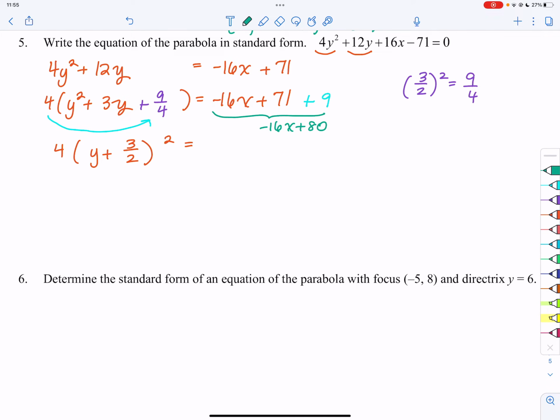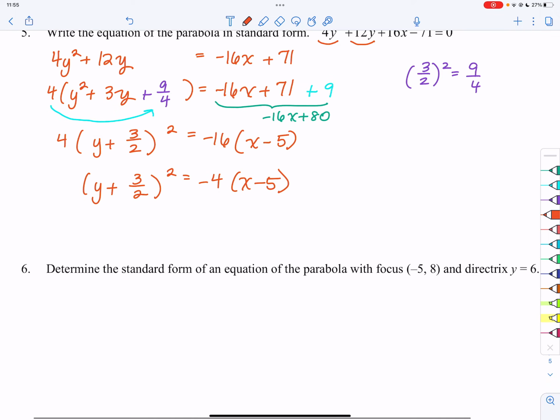And I want to go ahead and factor a negative 16 out of that, and I'll have x minus 5. So now I just have to divide both sides by 4, and I will have negative 4 times x minus 5.